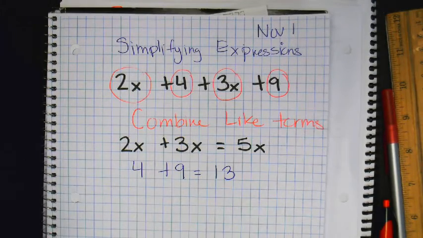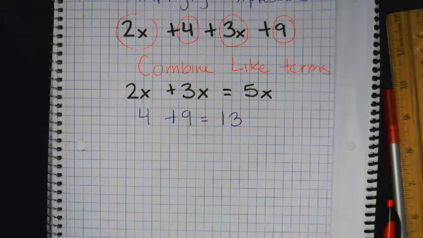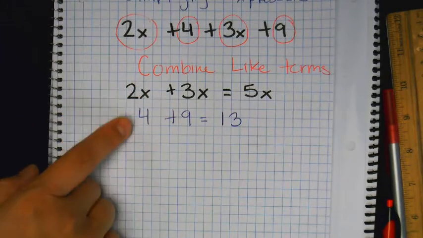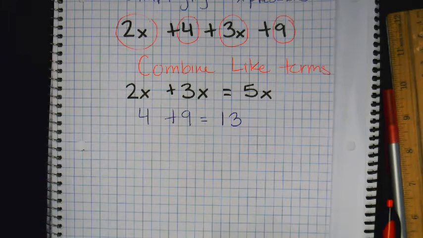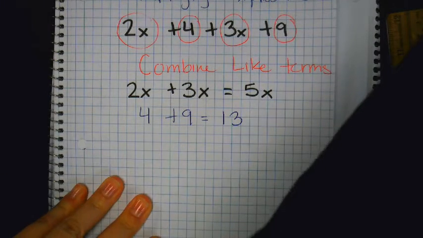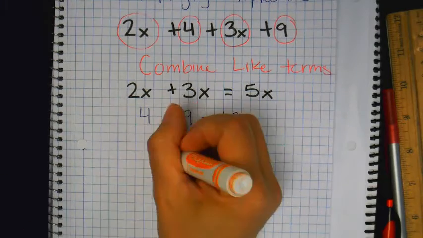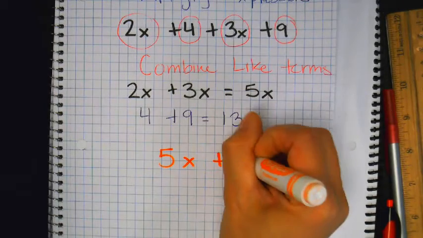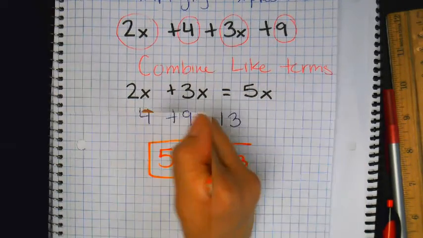So we put the ones that look alike together: the ones that have x's together, the ones that have just numbers together. And our final answer would be 5x plus 13, and you're done.